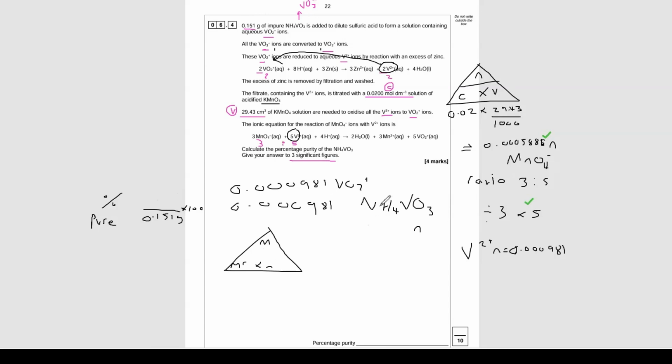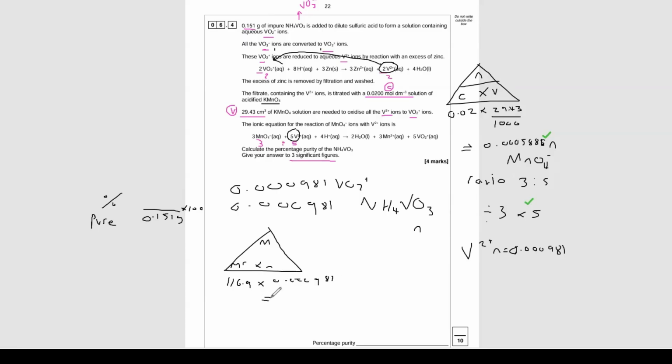I think if we add this up, 4 hydrogens, get the vanadium, get the oxygens. I think this is, oh my days, is it 126? No, it's not 126. It's 116.9. So I'm going to times that by 0.0000981.